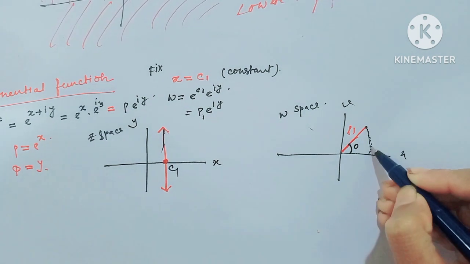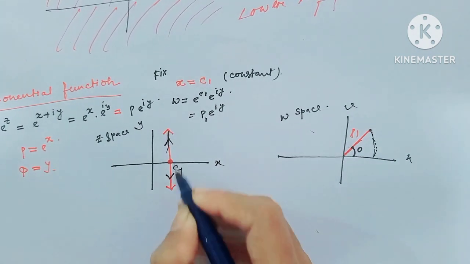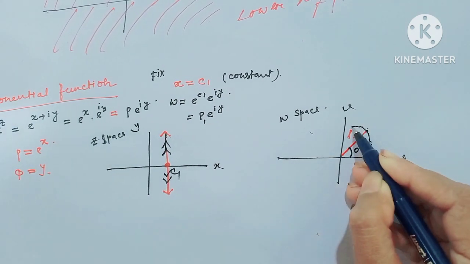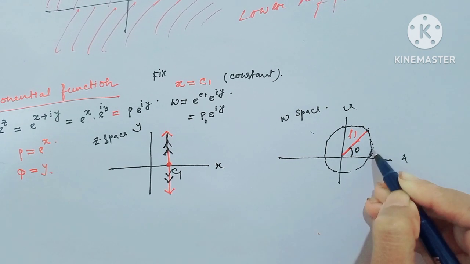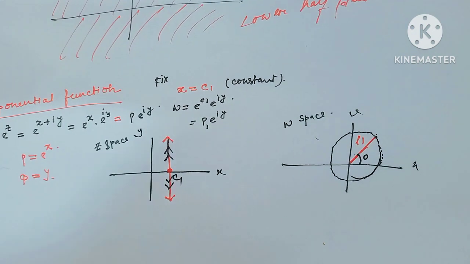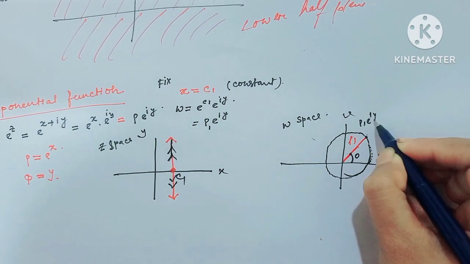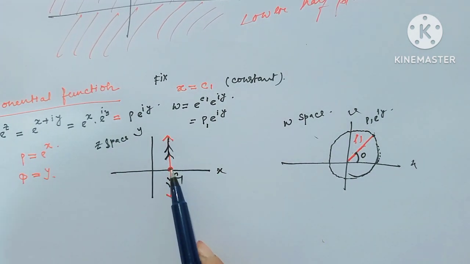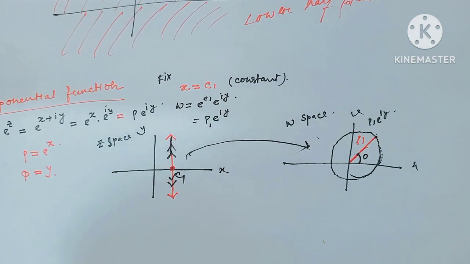The circle would be of this type, and as the point varies in this way, this is rho 1 e to the power iy, a circle. That means this vertical line maps to this circle.